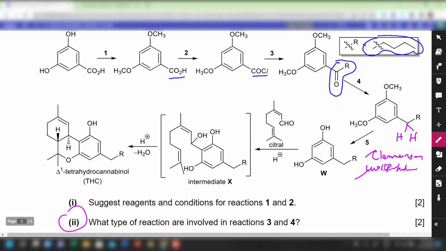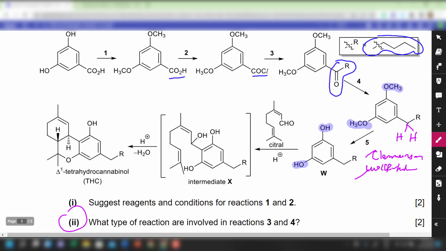Then in reaction 5, you notice that the ether is being removed, and it gives you back the phenolic OH. And then after that, from W to THC, it began with some form of nucleophilic addition, or is it nucleophilic substitution, or is it electrophilic substitution?